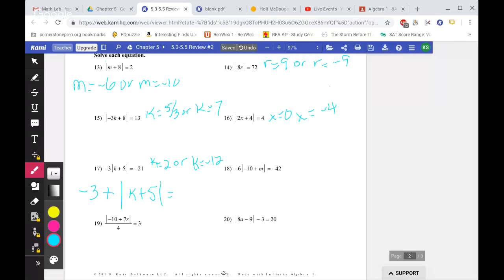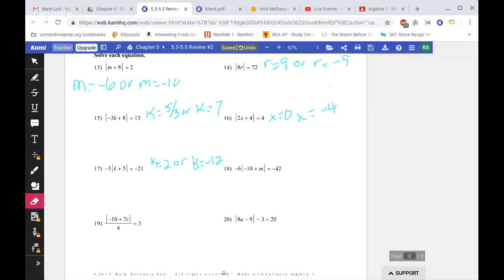So if there's no operation in between the absolute value bar and the number, then it means it's being multiplied. Okay, that's easier to remember. So if there was a minus sign or anything like that, that's what would change that. But I could see where that could be easily confusing.